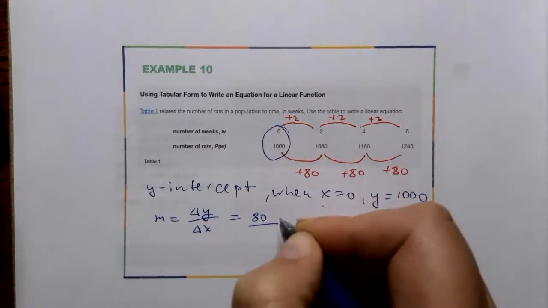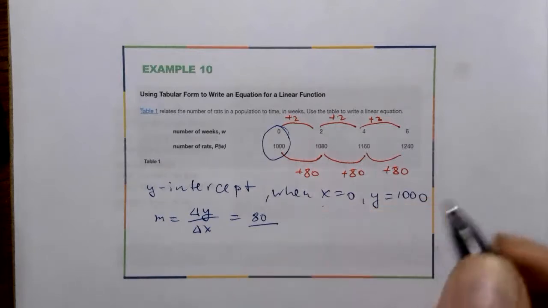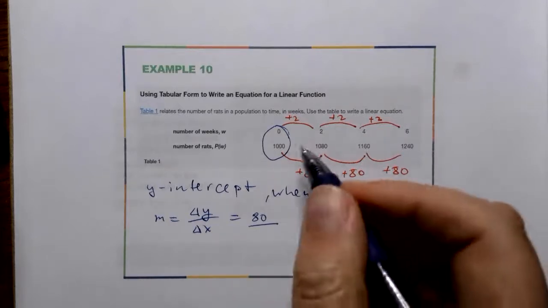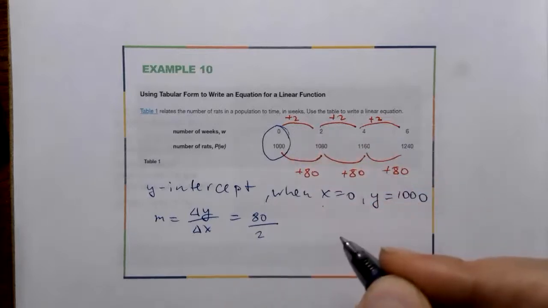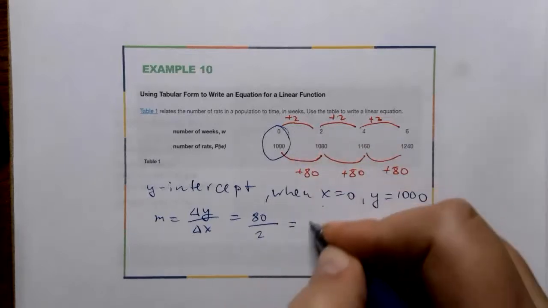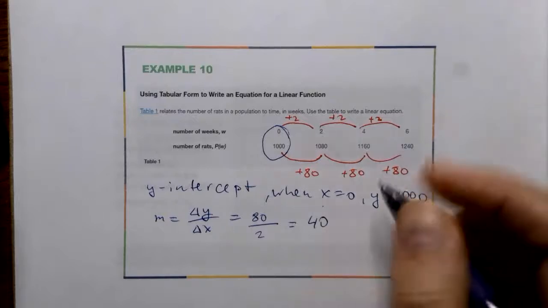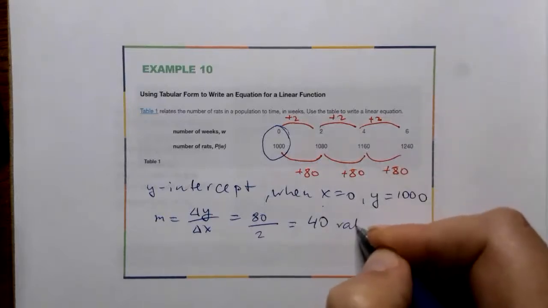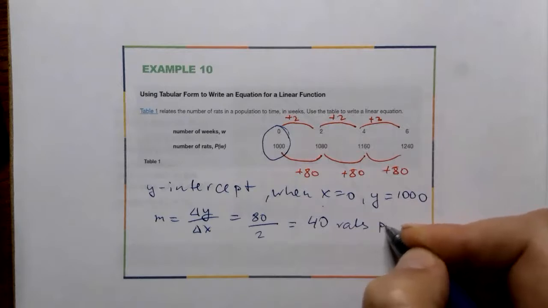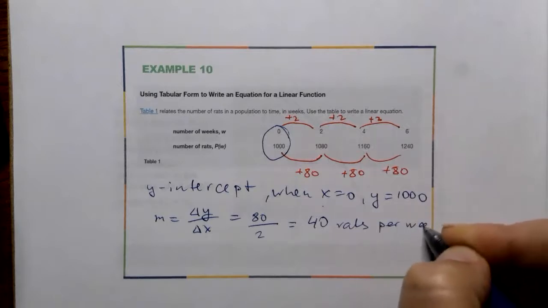And it's actually the population of rats. Over, what's the change in x? 2 weeks, right? So that's 40 per 1 week. 40 rats per week are added. They're multiplying.